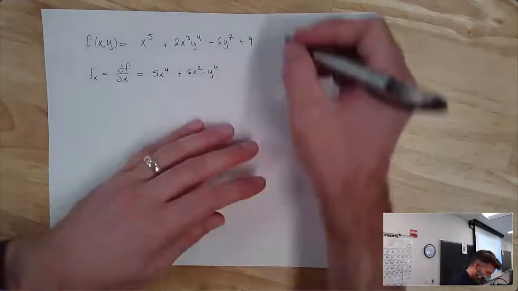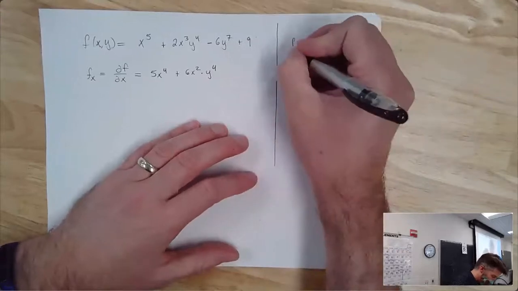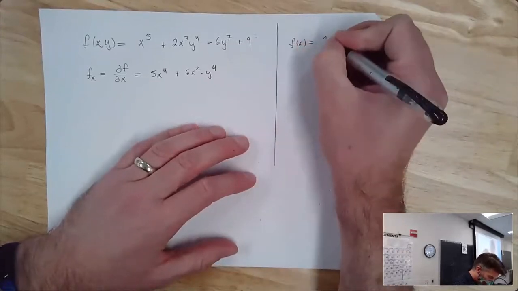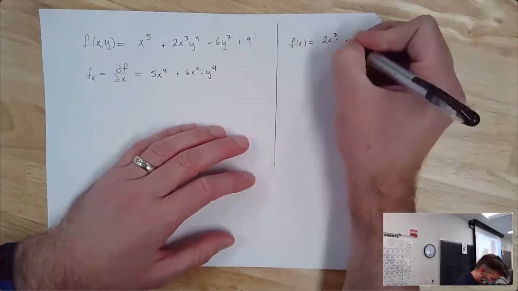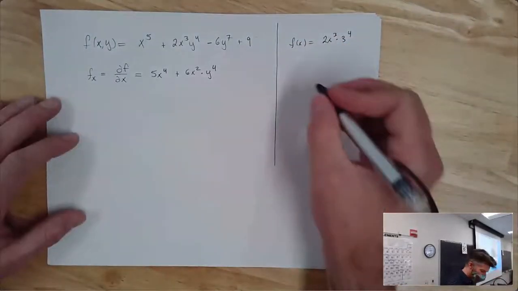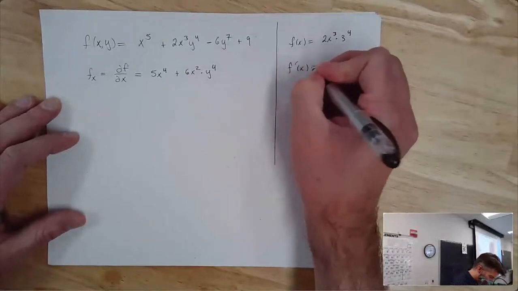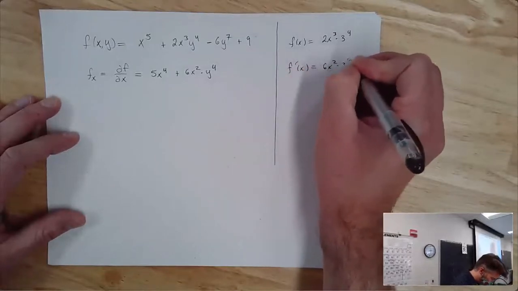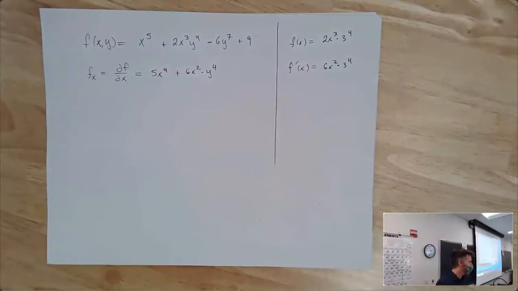And I'll remind you, if your function was 2x cubed times 3 to the 4th power, the derivative would be 6x squared times 3 to the 4th, because that 3 to the 4th is just a constant multiple. When you have a constant multiple of a function you're differentiating, the constant multiple hangs out. It doesn't become 0, because it's not on its own, it's multiplied by x.